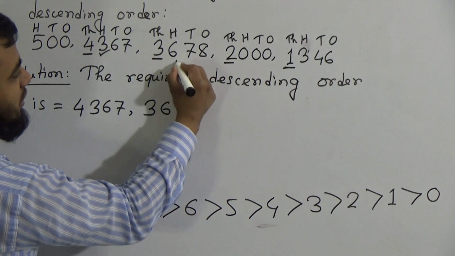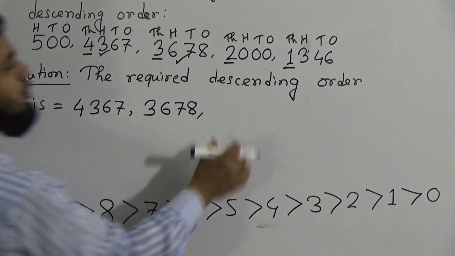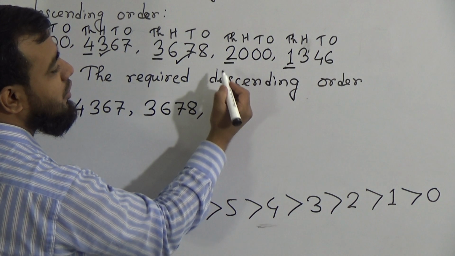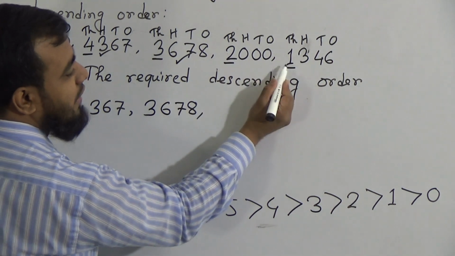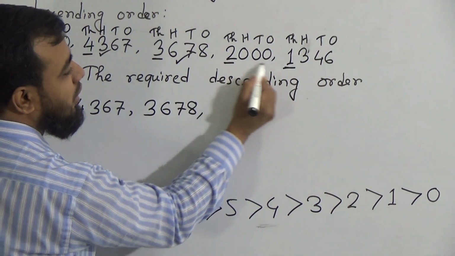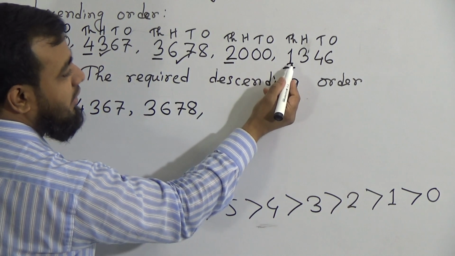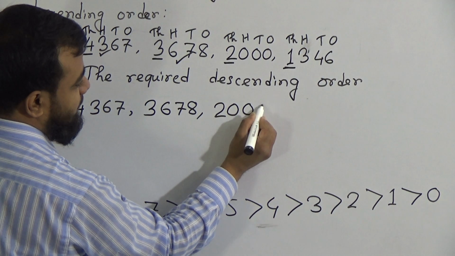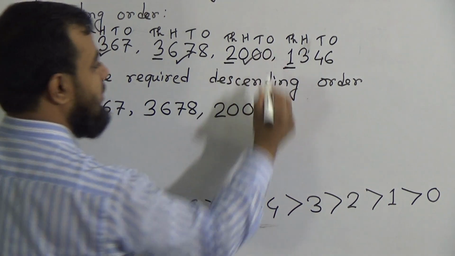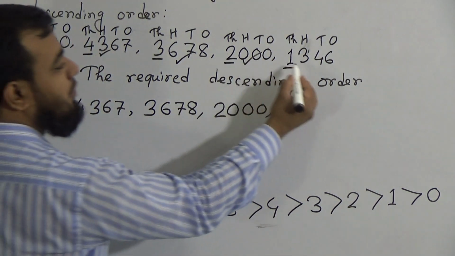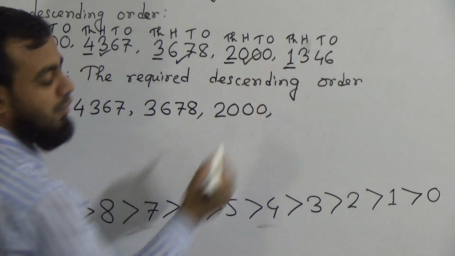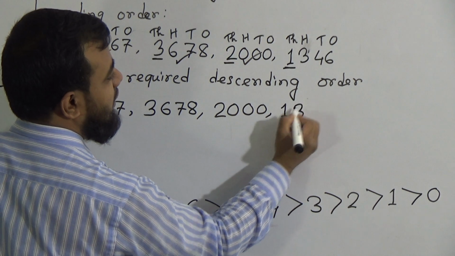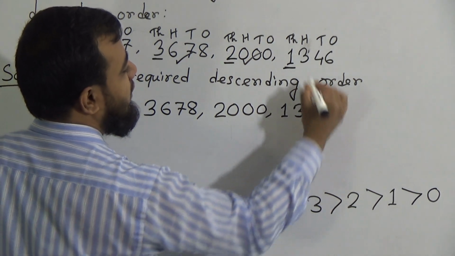Now only 2 numbers remain: 2 in thousands place and 1 in thousands place. So 2000 will be bigger, and 2000 is our next biggest number. Now only one number remains with the place value of 1000, so we write down 1346.